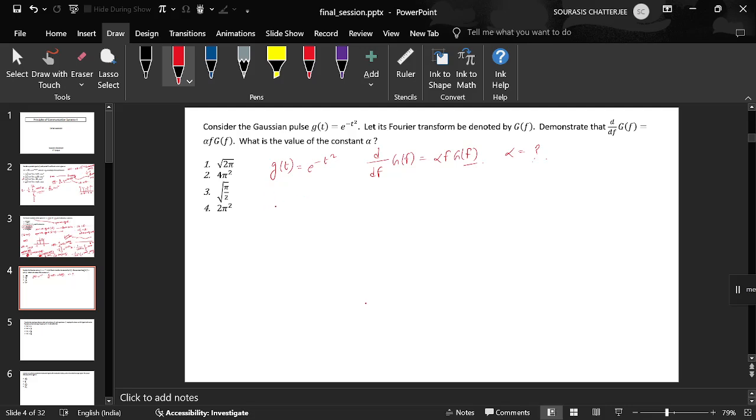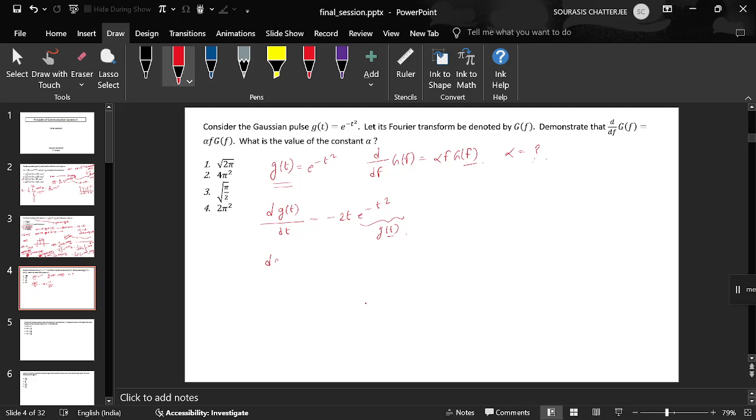So we'll see first, if we take the derivative of g of t with respect to t, what we will get: dg of t by dt equals minus 2t e to the power minus t square, and this term here is g of t itself.